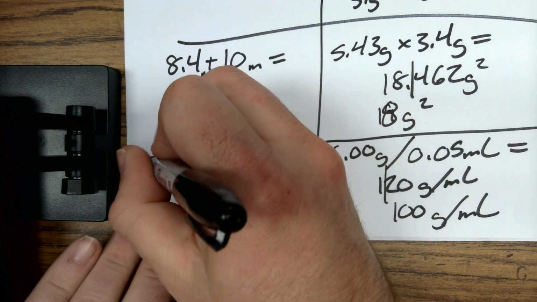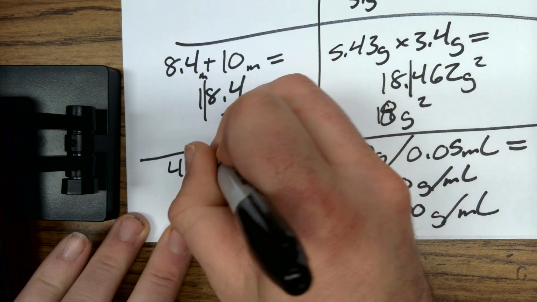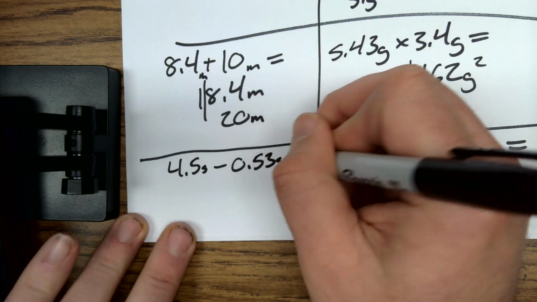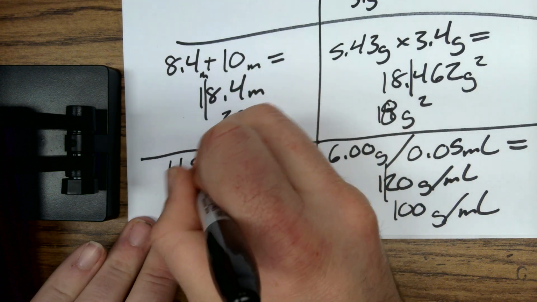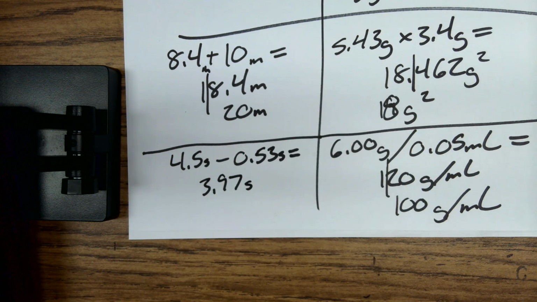Let's do another one. 4.5 seconds minus 0.53 seconds. How many seconds do you have? 3.97 seconds.